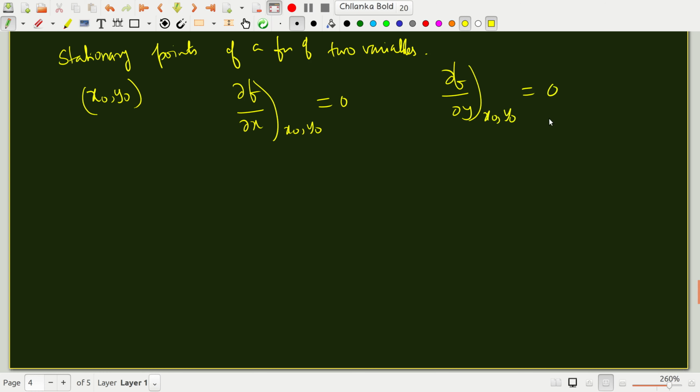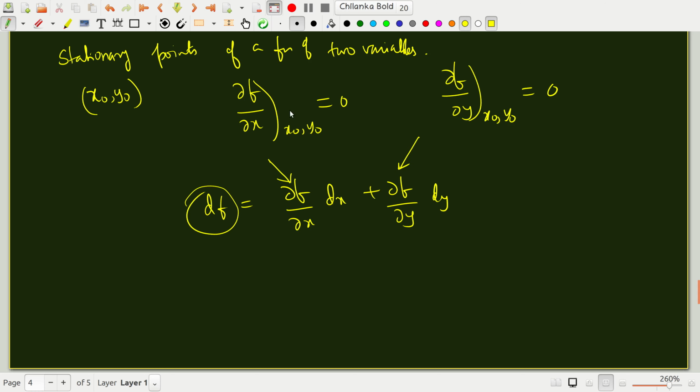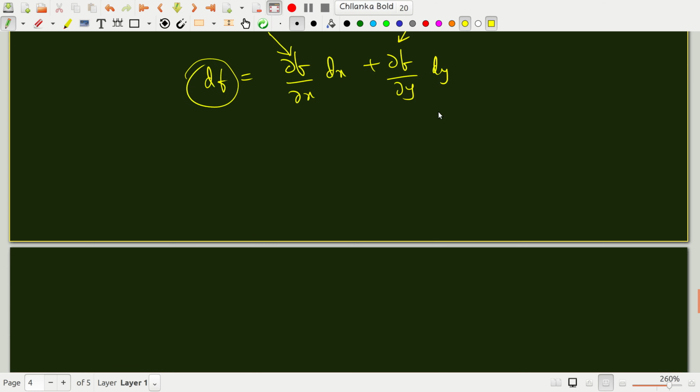So this is a given, right? You have to have this because you know what the total differential is: partial f partial x dx plus partial f partial y dy. In order for this not to undergo any change if you walk a little bit, both this and this must be 0. That's what I've written here.